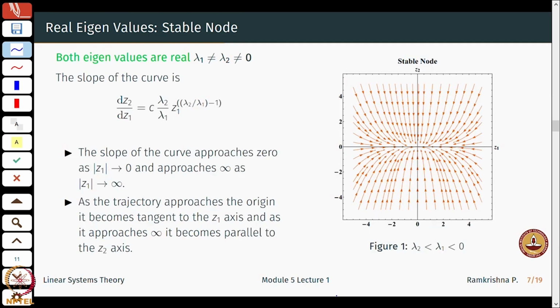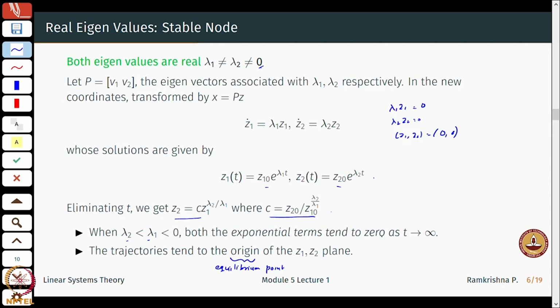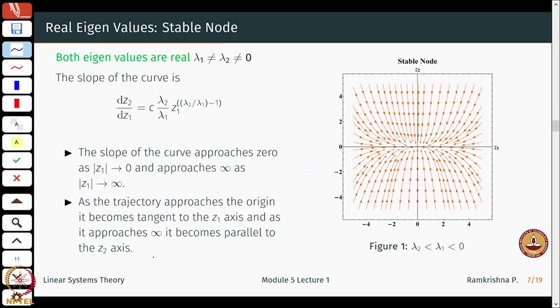Okay, so what happens in this case? What I know now is that in the Z1 Z2 plane, the trajectories tend to 0 as time progresses, exponentially or asymptotically.